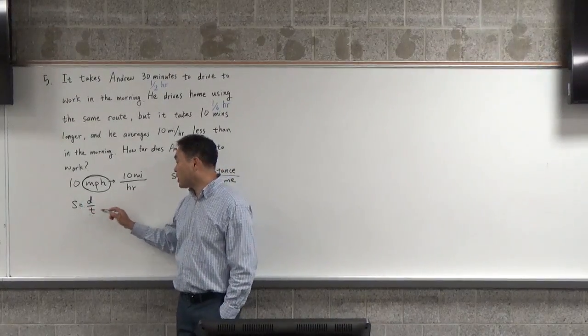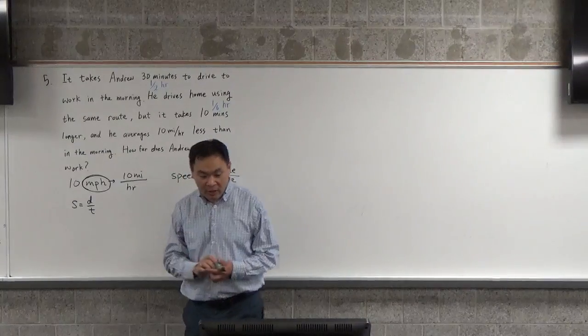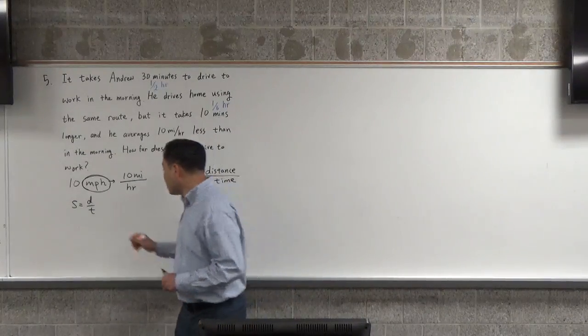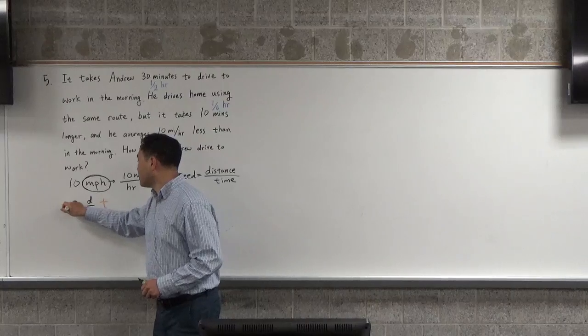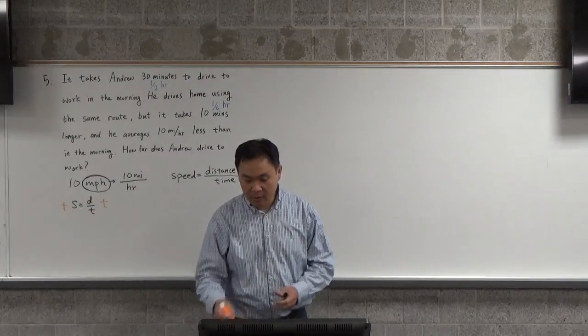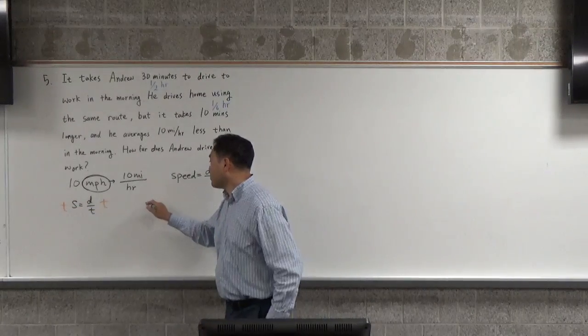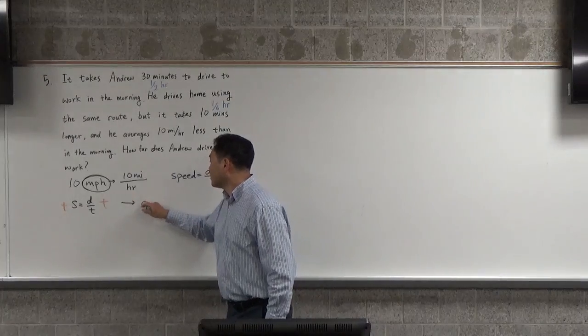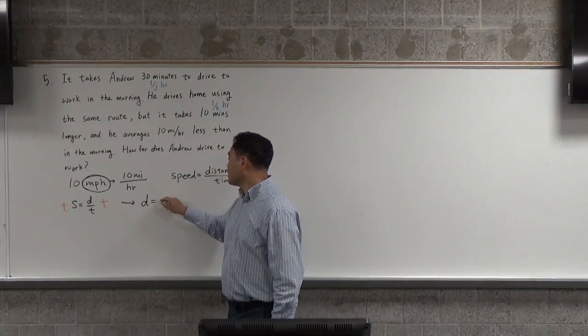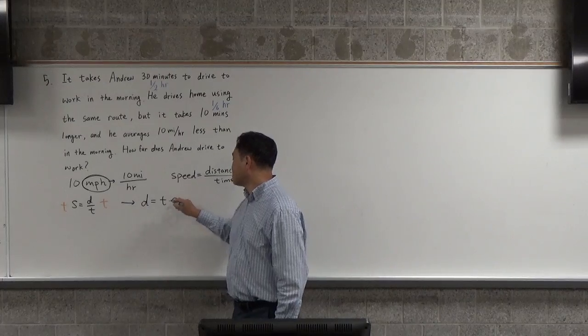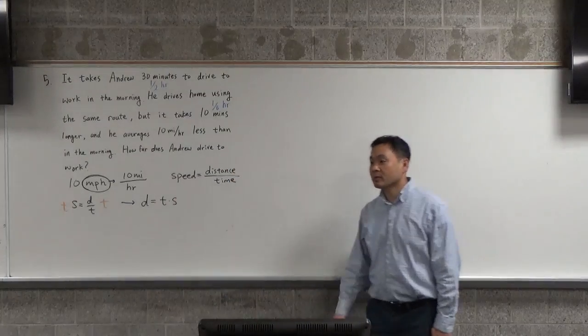Multiply by T on both sides. If I multiply by T on both sides, then I have distance equals time times speed. Okay?